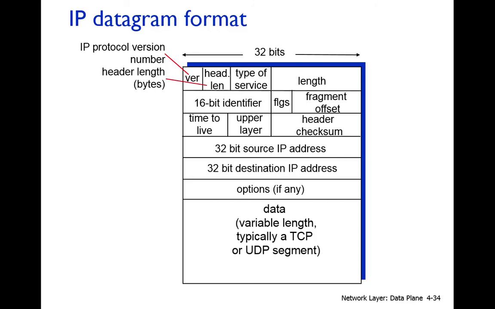The second field is called header length. As we have discussed, in IP headers some fields are optional. Therefore we have a header length field, which represents the size of the IP header.